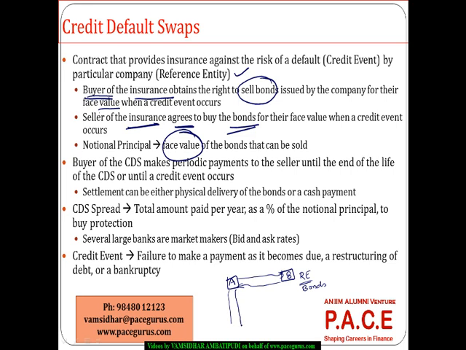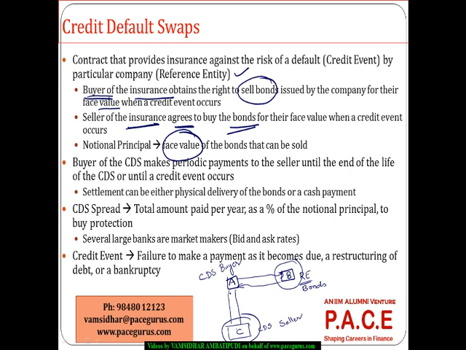So A will enter into a protection with C. C is a CDS seller, whereas A, because he is buying protection, we call him a CDS buyer. And B is a reference entity. If B defaults, C is going to compensate A. And if B does not default, C will not do anything.